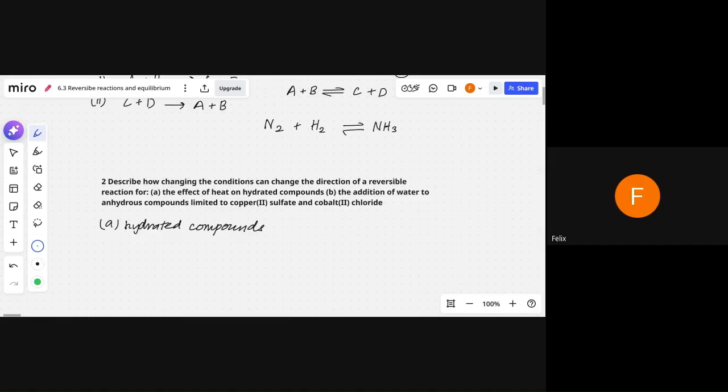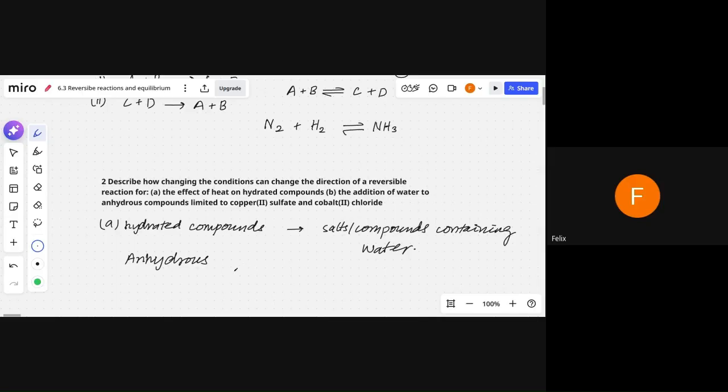So hydrated salts or compounds contain water molecules in their structure, and the opposite of it is anhydrous. Hydrated compounds are salts or compounds containing water, and the opposite is anhydrous.